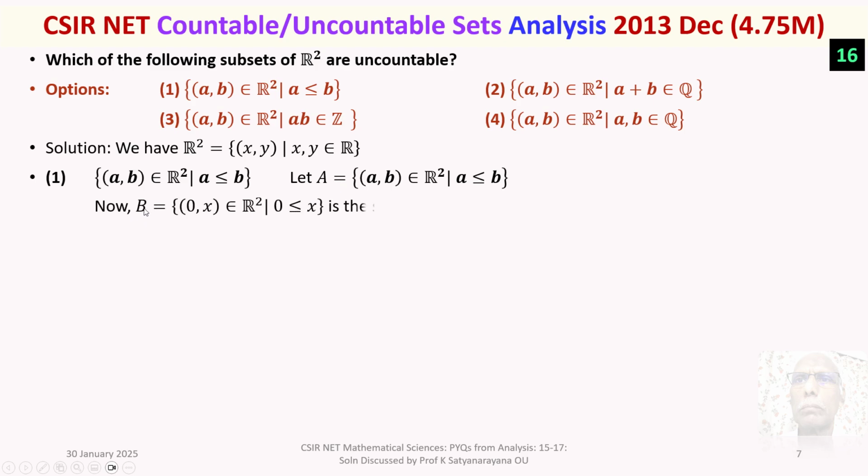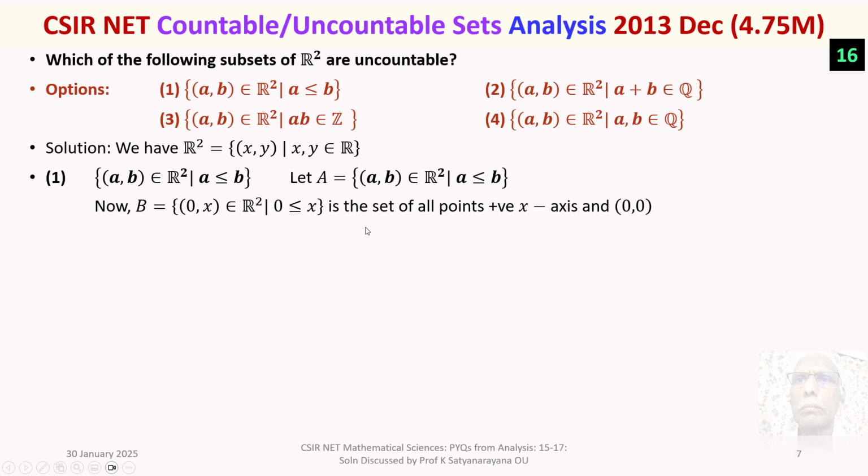Now consider B. B is the set of all ordered pairs 0, X belongs to R square such that 0 is less than or equal to X, or X greater than or equal to 0. So what is this? It is the set of all points on the positive x-axis in R square including 0, 0.